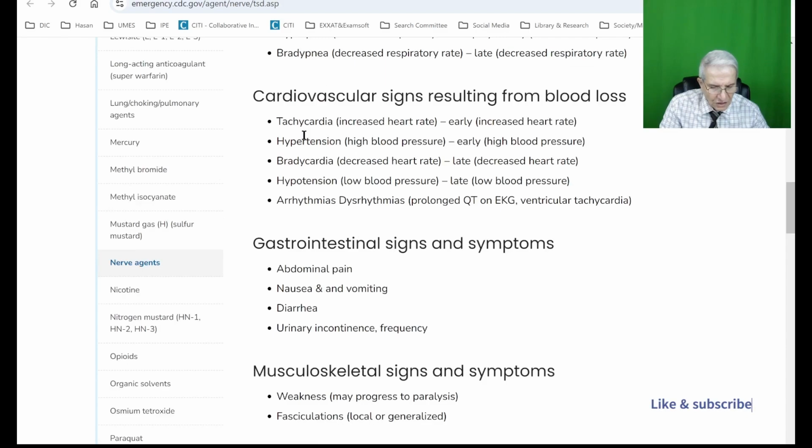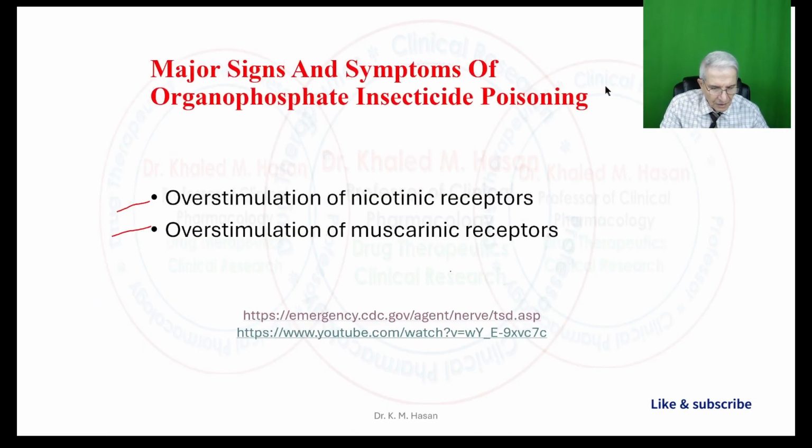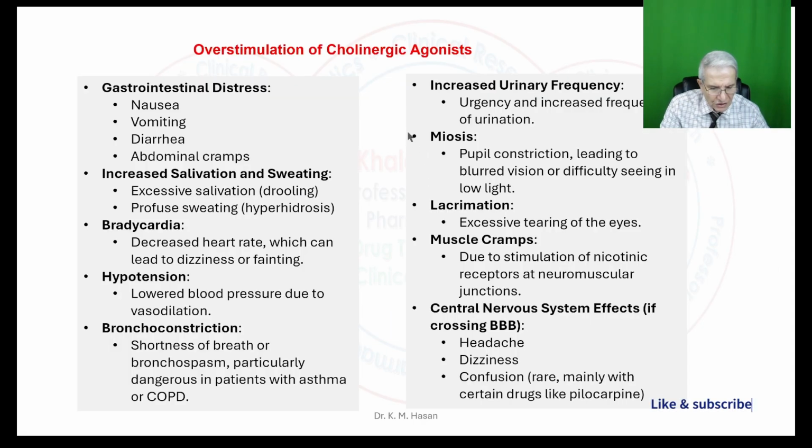Cardiovascular: tachycardia, hypertension, bradycardia. Gastrointestinal, we have a lot of signs. You can see it here. So we have overstimulation of nicotinic and muscarinic receptors. All these come from muscarinic receptor overstimulation, as you can see, and it was already covered in the previous slide.